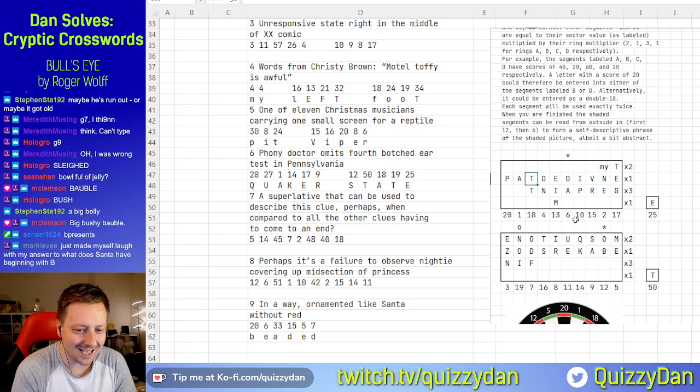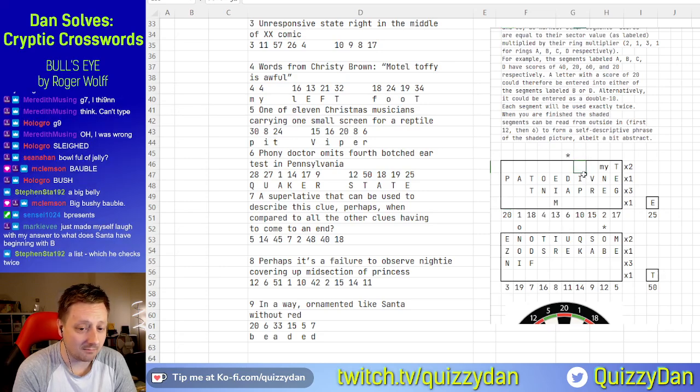So 20 needs to have a B, so that could be B. Double 10 could be a B, so there could be a B there, so that could help us with one of the things. 6 needs to have an E. Do we have a 6? That is an E. Could go there, or it could be 222.